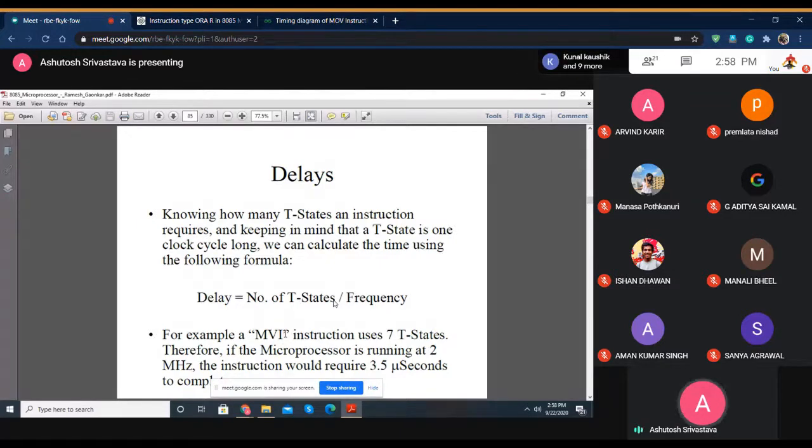Since your 8085 microprocessor is around 3 megahertz, the instructions would require 1 upon T. So 1 upon 3 megahertz is around 0.33 microseconds to comply. Class, are you getting this? Yes, sir.